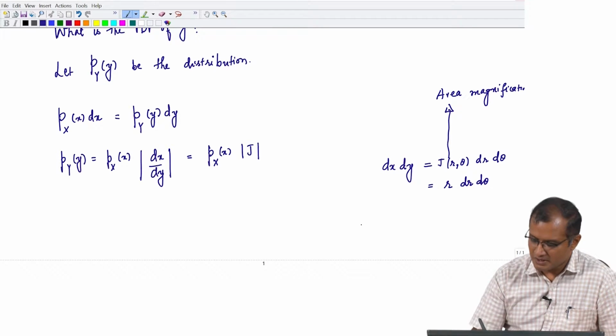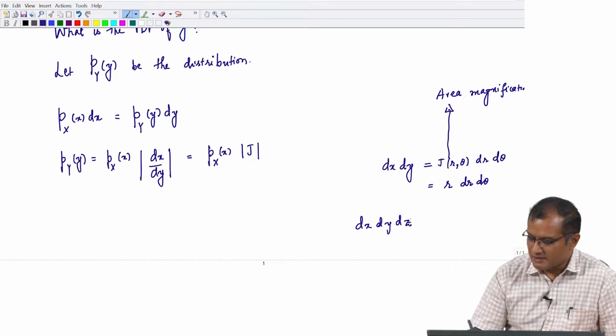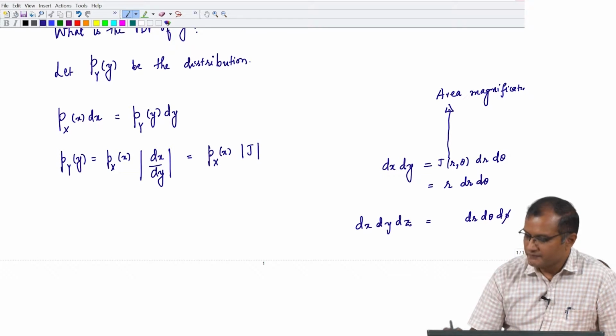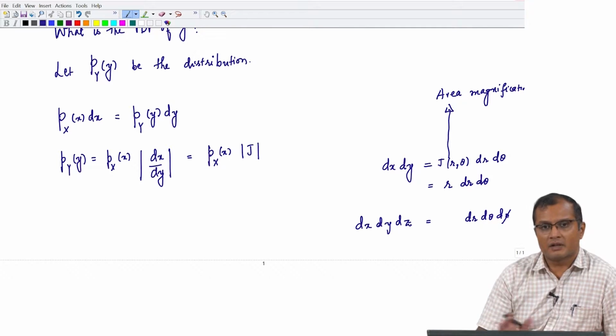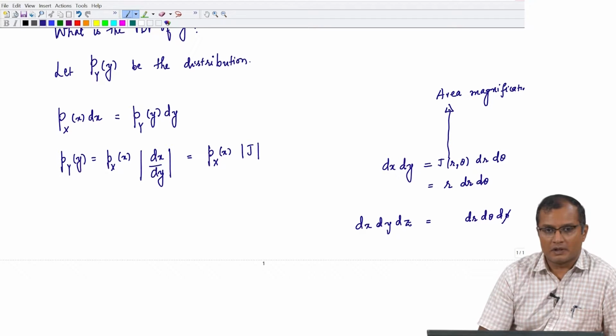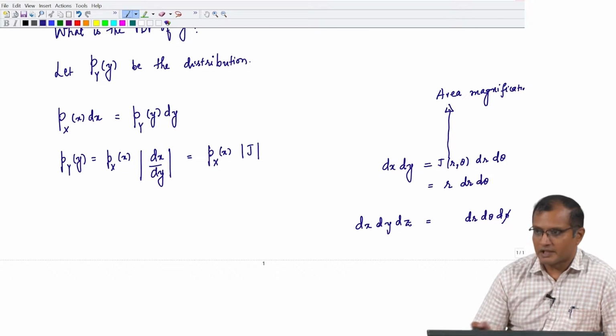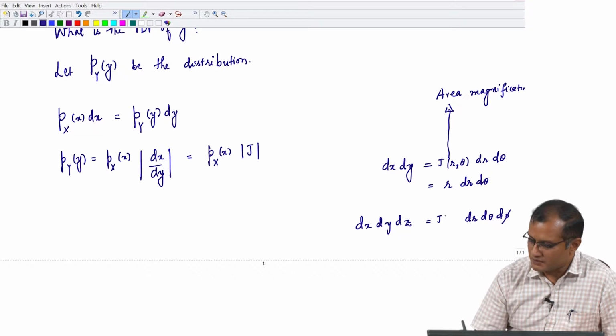In 3 dimensions you would basically have dx, dy, dz, and this will be equal to dr, d theta, d phi if you are going from Cartesian coordinates to spherical polar coordinates. Again we are running into the same issue that this is not dimensionally consistent. So, I must attach a Jacobian here, which is, in general, a function of r, theta and phi.